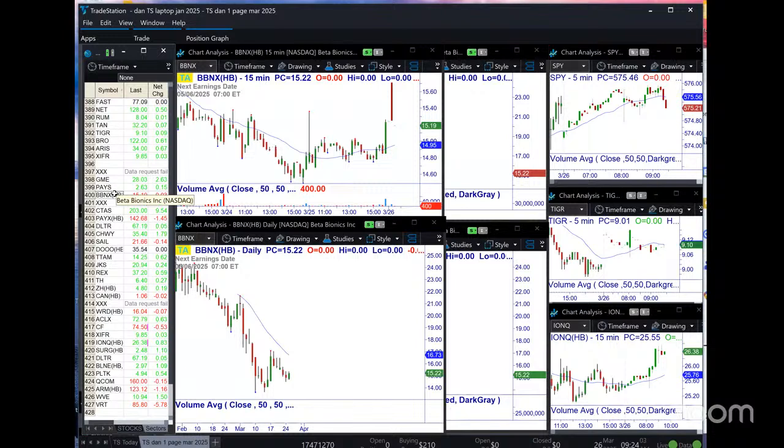This recent IPO, Beta Bionics, so maybe a bio. We better go look. But potential W bottom, higher low plus. So that's going on the list.